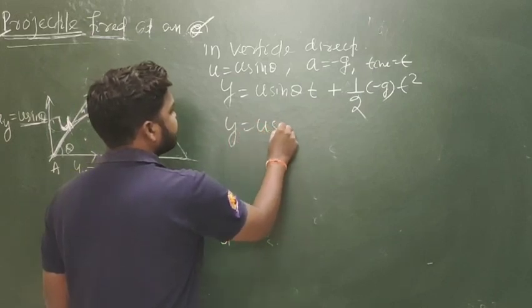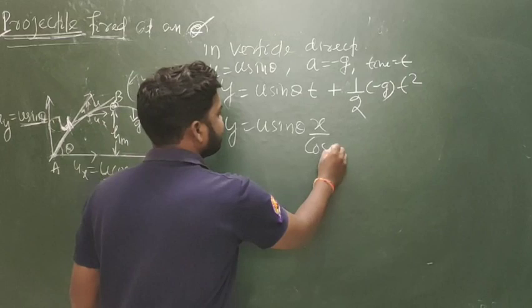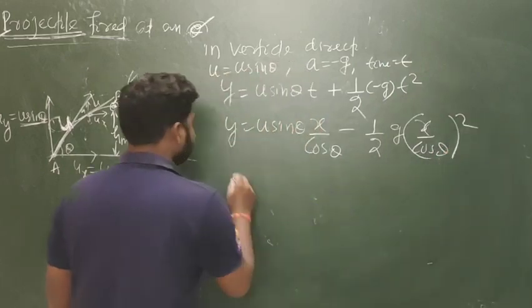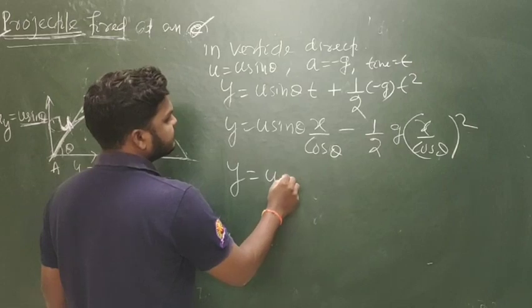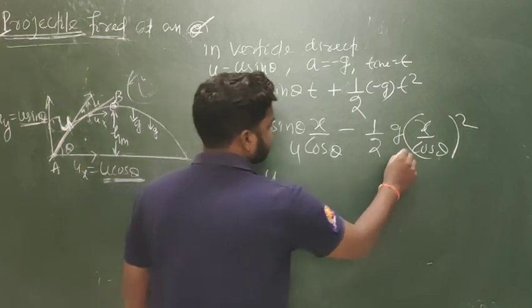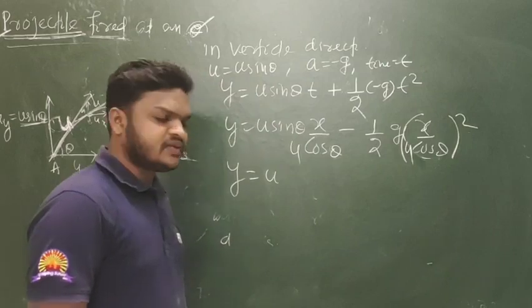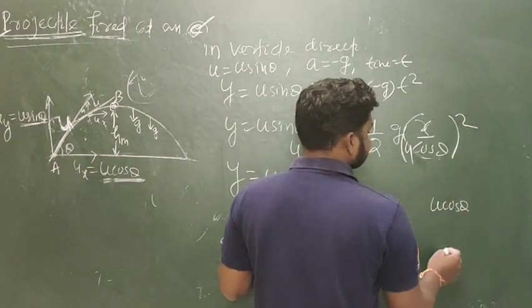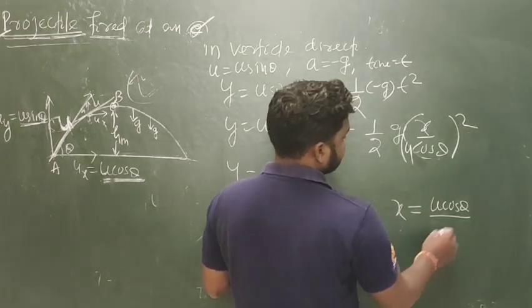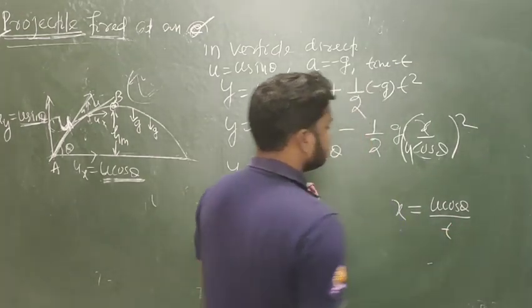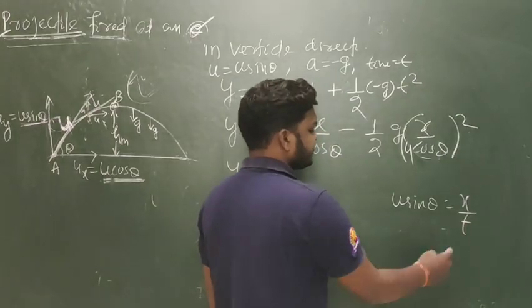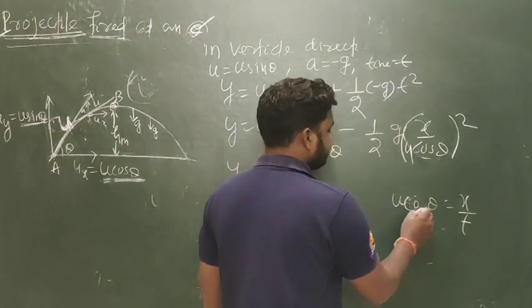So y is equal to u sin theta t minus half g t square, where t is equal to x by u cos theta. Sorry, t is equal to x by u cos theta, because velocity is equal to distance upon time.